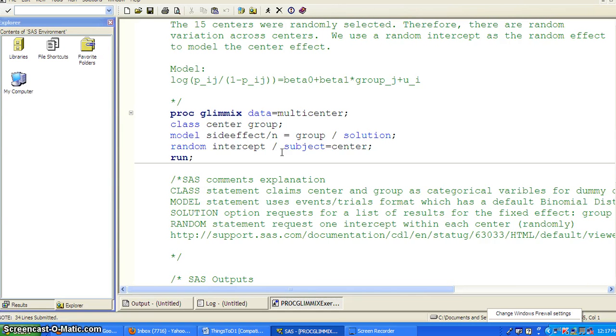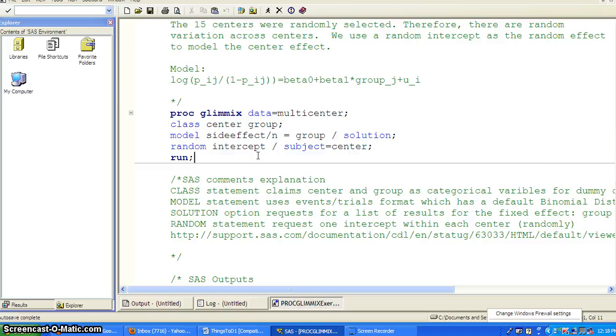And PROC GLIMMIX is a generalization of PROC MIXED. You can view this as a generalization from the linear mixed model to a nonlinear mixed model, or you can view this as a generalization from the generalized linear model where you add a random effect. Okay, and so the syntax for PROC GLIMMIX to fit a logistic regression with random effects is pretty simple.